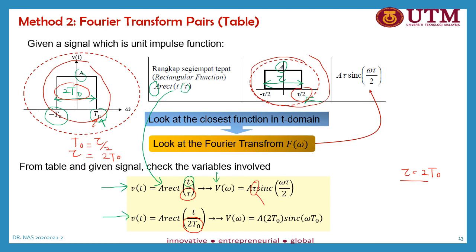So replace tau with 2 T0. Sinc function omega tau over 2. So omega tau over 2 is equal to omega T0. So now you can simplify your equation. Okay, so in this case, when you have a rectangular t over 2 T0, the Fourier transform equals this equation.